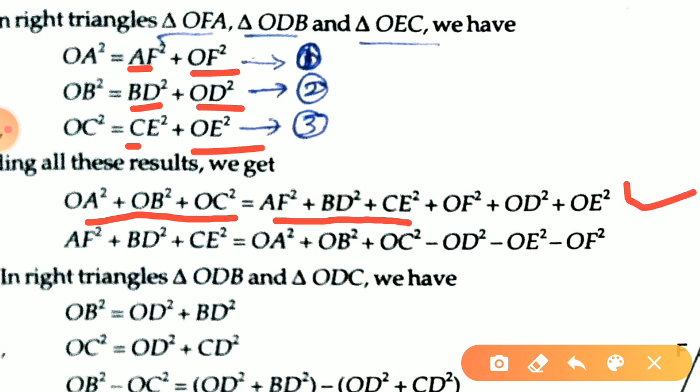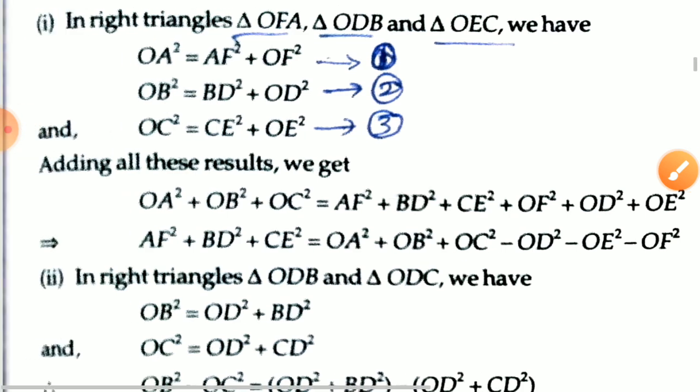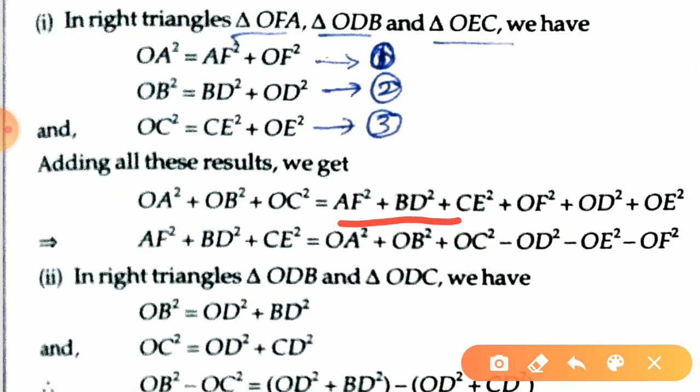So this is our equation. Now here an adjustment is done: AF square plus BD square plus CE square, only the part which is underlined here, is taken to the left side. Then OA square plus OB square plus OC square is taken to the RHS.